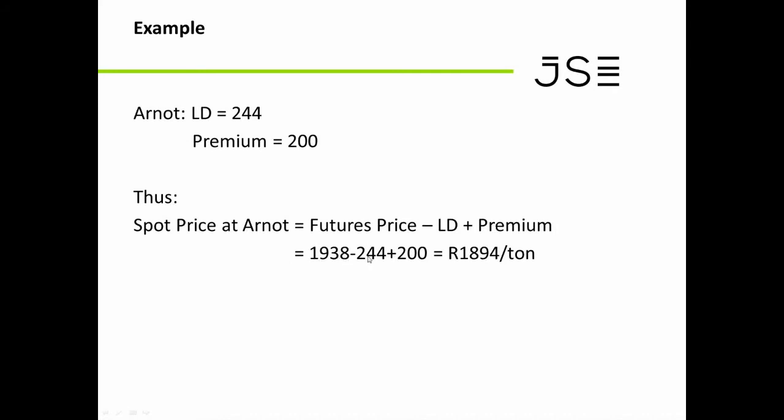You can see that this is almost netting off. It's just 44 extra that is being deducted from 1,938 to arrive at a good number, which otherwise would have been 1,938 minus 244. Now it's actually just 44 Rand deducted, which is a good income for the farmer at that particular location.